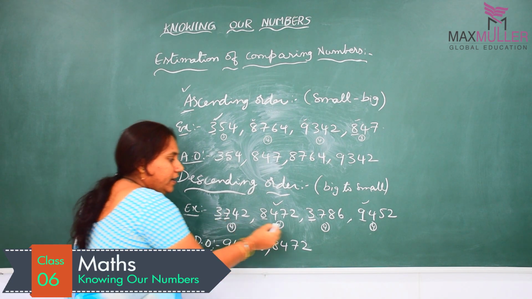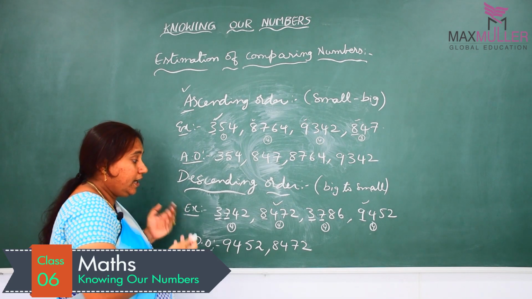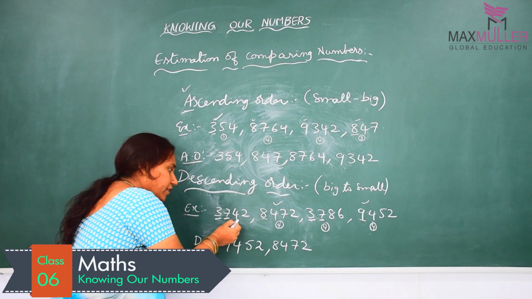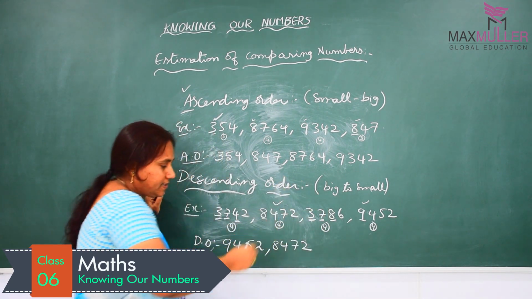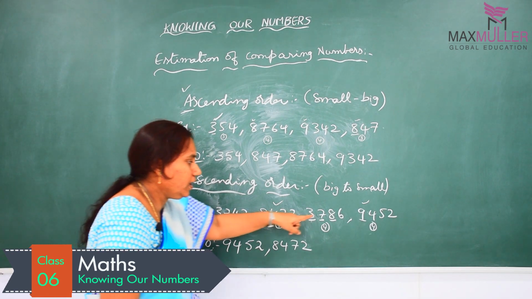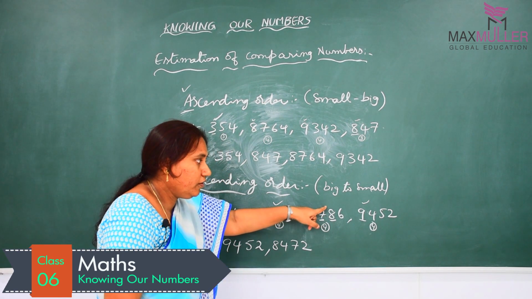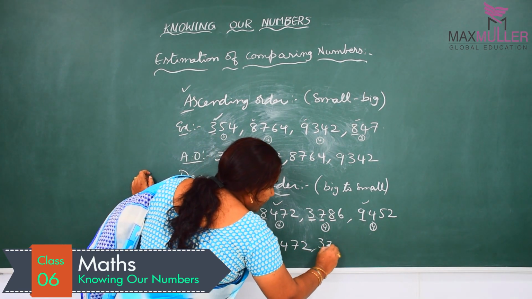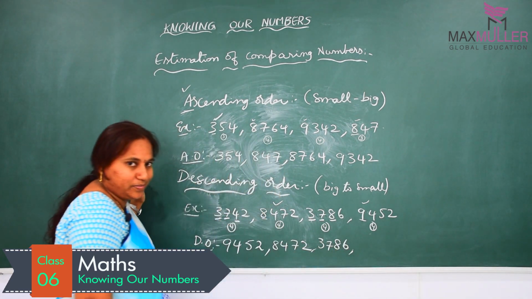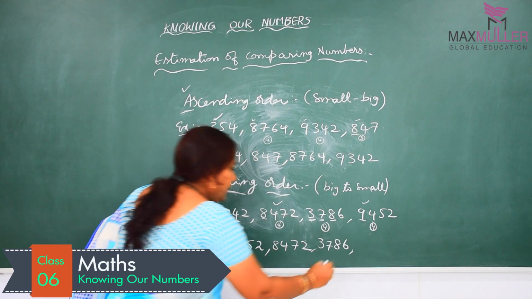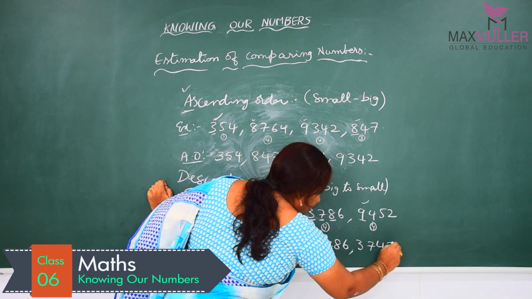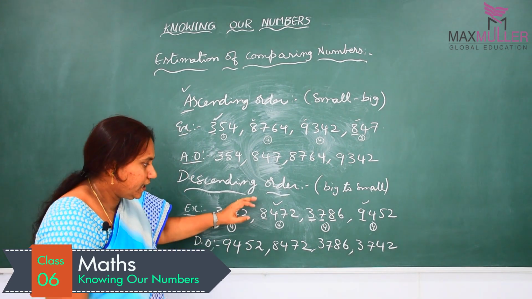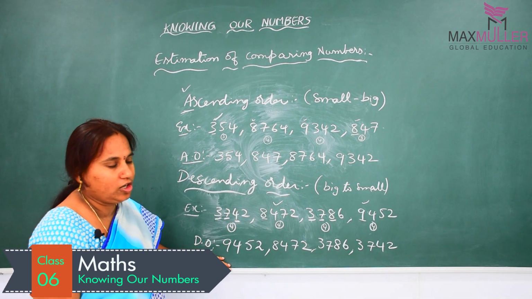Here we have 7, here also we have 7. Next what do we have to check? Afterwards we have to check the tens place. Here in the tens place we have 4, here in the tens place we have 8. So we have to write the big one first, no? So we have to take 3786 as the next biggest one. At last we will write 3742. So we arranged the given numbers in the descending order.